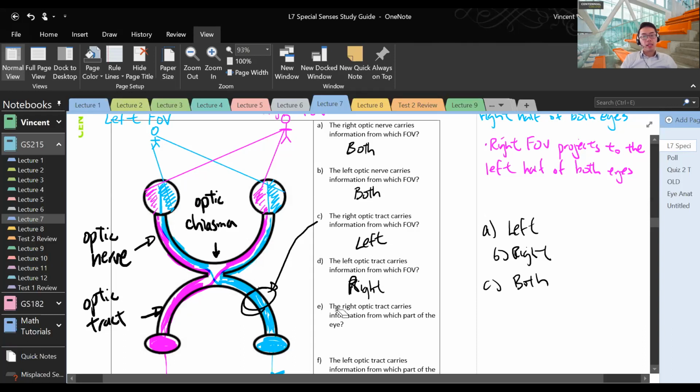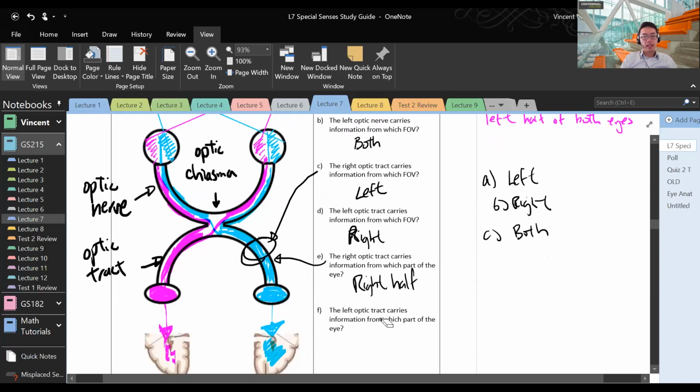Now, next question. The right optic tract, which is the blue one again here, carries information from which part of the eye? So you trace the blue all the way back to the eyeball. You can see it's carrying information from the right half of both eyes.